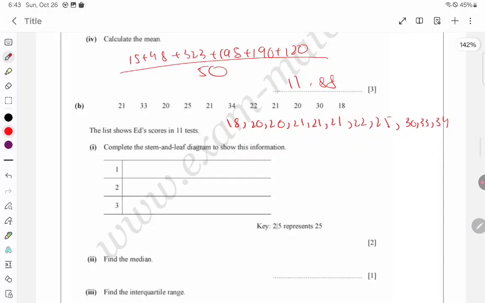Write the values for 18, for 20 two times, for 21 three times, for 22, for 25, for 30, 33, 34.